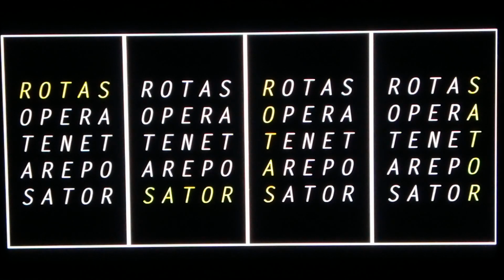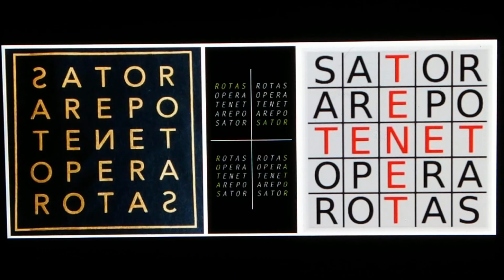Sator backwards is Rotas. The left column, starting from the top, Rotas. The right hand column, from the top, Sator. Again, Sator backwards is Rotas. Look at the second line, Arepo.